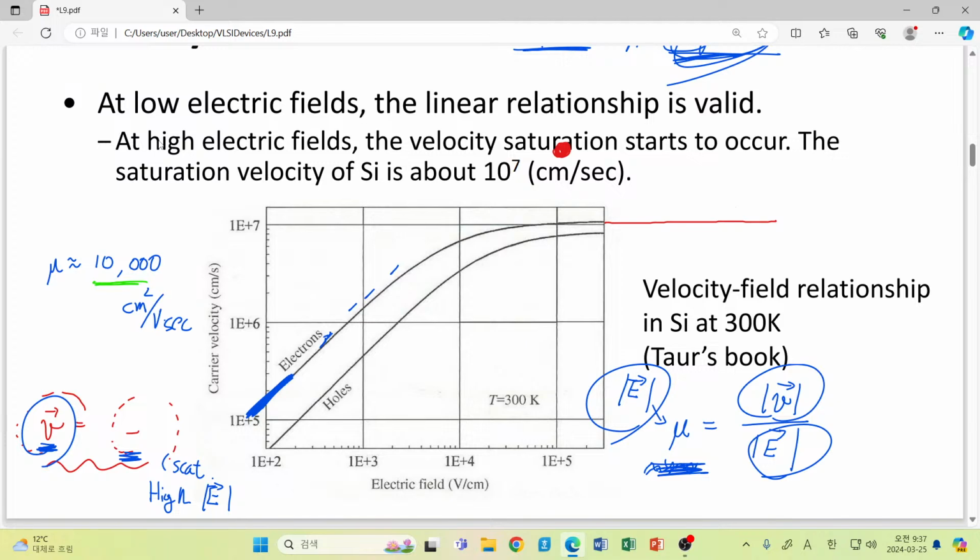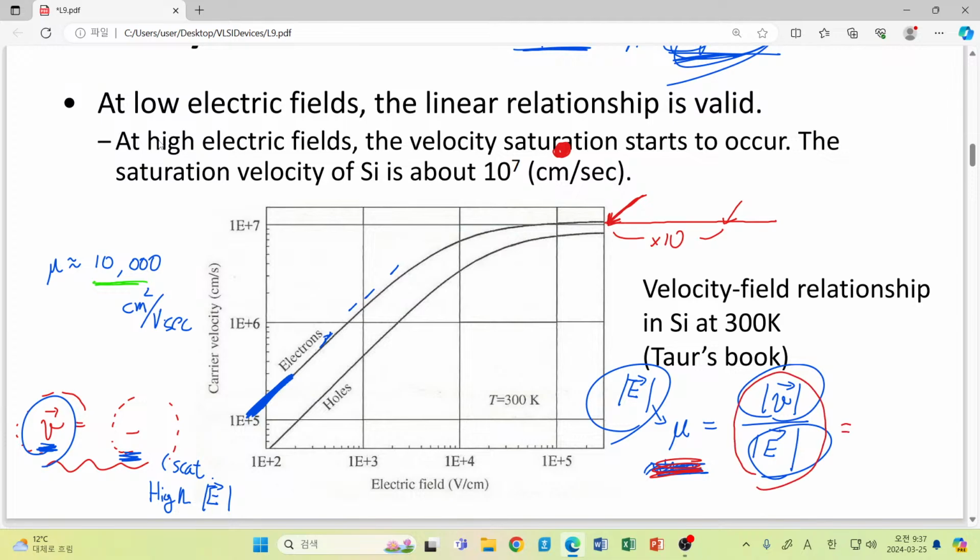Please try to calculate your effective mobility at this point and that point. Between this and that, we have a 10 times difference of electric field. Then if we calculate the mobility, just the ratio between velocity over electric field, what will happen?